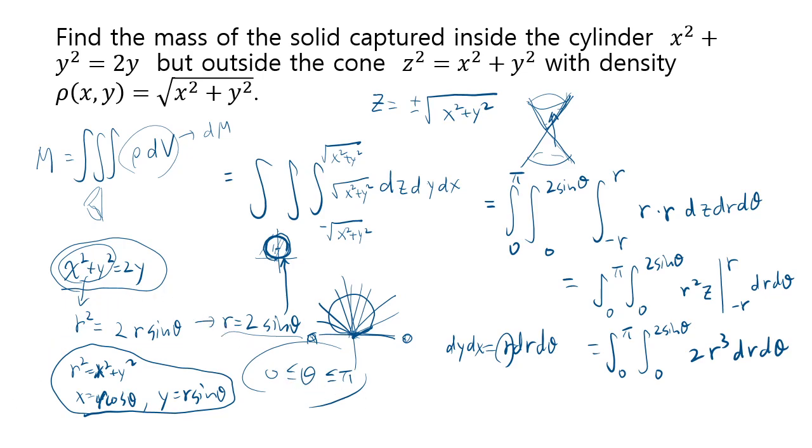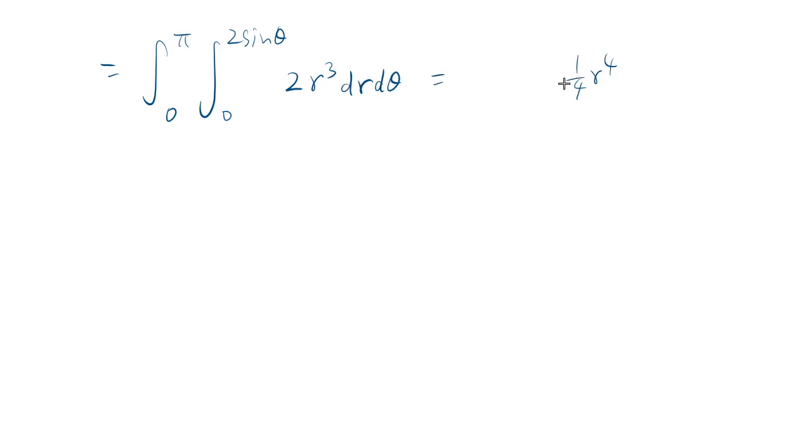Okay, let's continue. I need some more space. So we need integral from 0 to pi, 0 to 2 sine theta, 2 r cubed dr d theta. Integral of r cubed is 1/4 r to the 4th times 2.